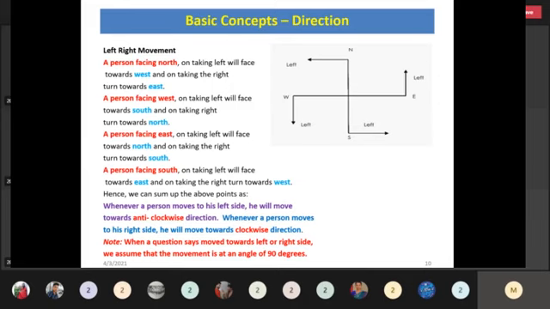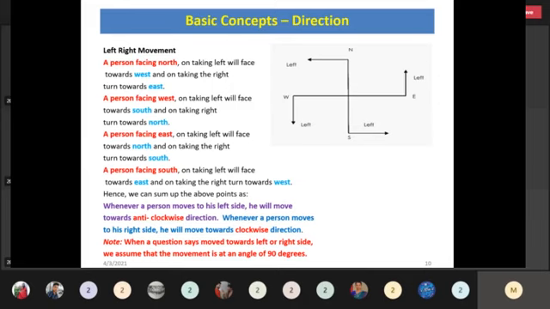This diagram given in the slide is also very important as far as solving aptitude tests and the GATE examination are concerned. Now, a person facing west, on taking left, will face towards south, and on taking a right turn, towards north.